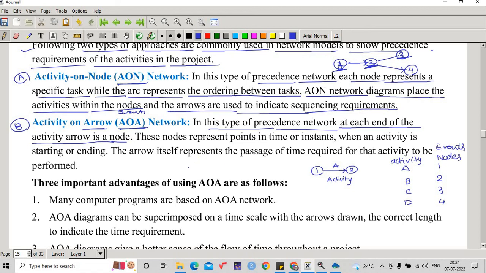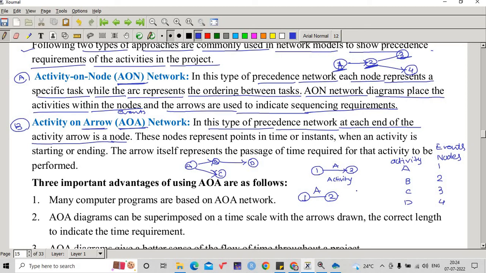Suppose when I am writing this down, this is A, then this is B, C, D. So this is your AON network. The activity is mentioned in the arrow. So activity A must be completed, and only then can we initiate activities B as well as C. Similarly, suppose I'm using the AOA network, what will happen? 1 to 2, this is your activity A, am I right?